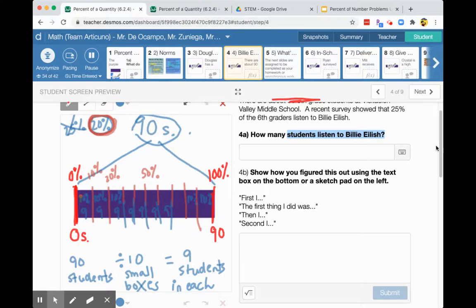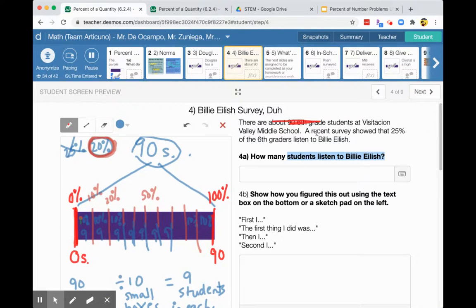Let's go back to the question now. A recent survey showed that 20%, remember we're ignoring the 25. Some of you had 25. So we want 20%. I'm going to go ahead and highlight 20%. Here's 0%, here's 10%, here's 20. How many students is this right here?